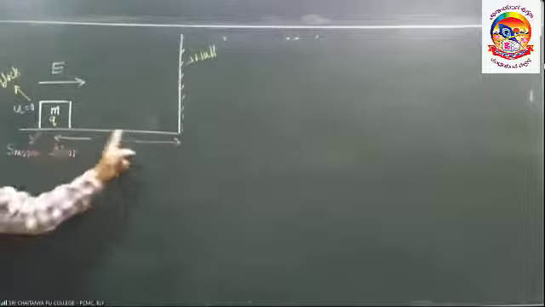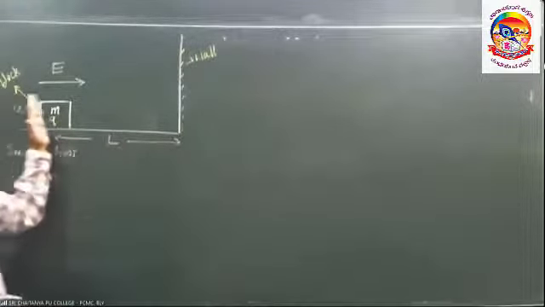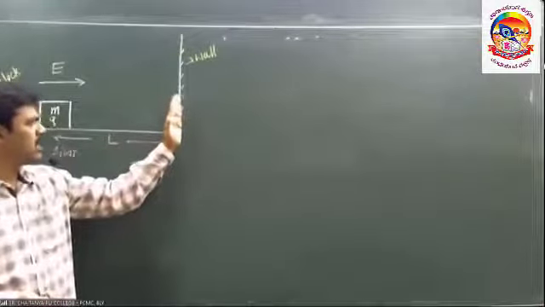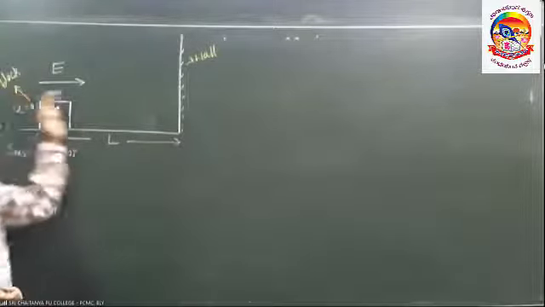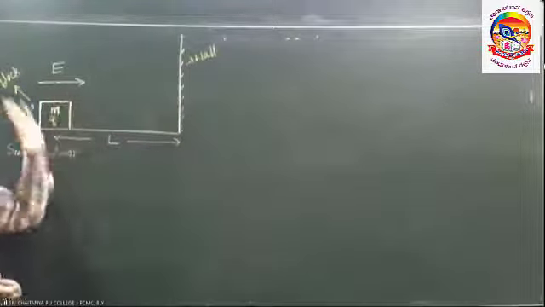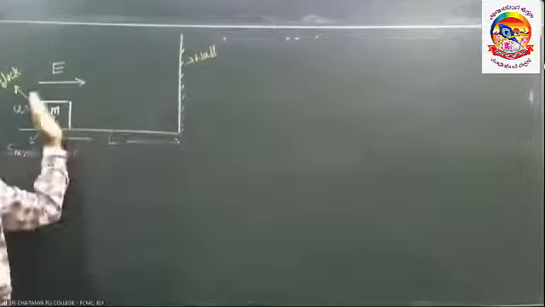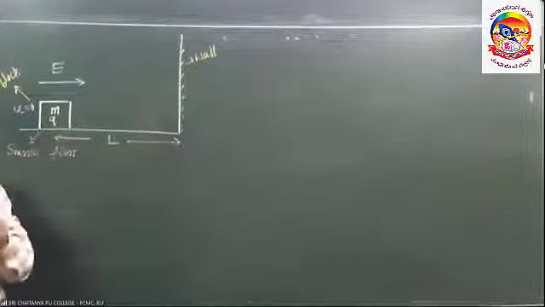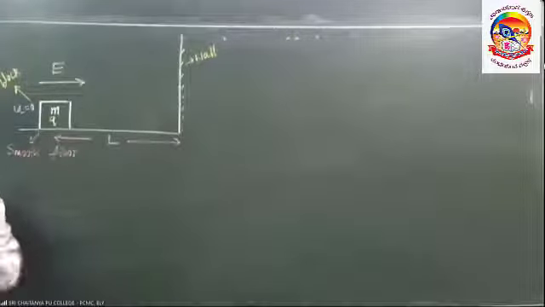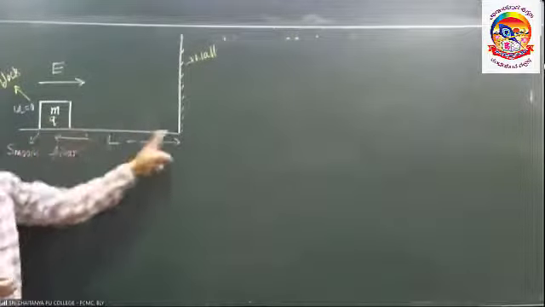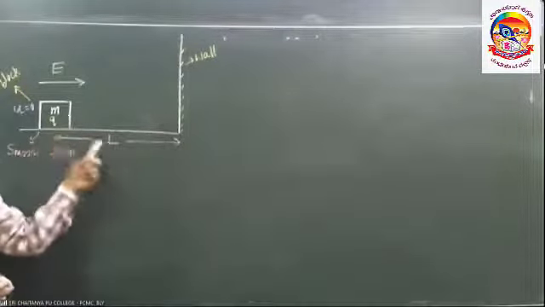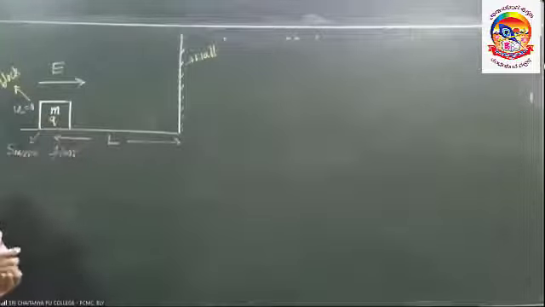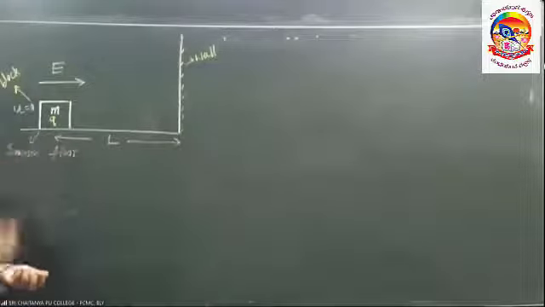Here also the floor is smooth, there is no resistance, so it comes back to the same position. Again, due to the electric field, it moves forward, hits the wall, and comes back. The process continues, so the block oscillates on the floor along this line of length L. The question asked is, what is the time period of that oscillation?